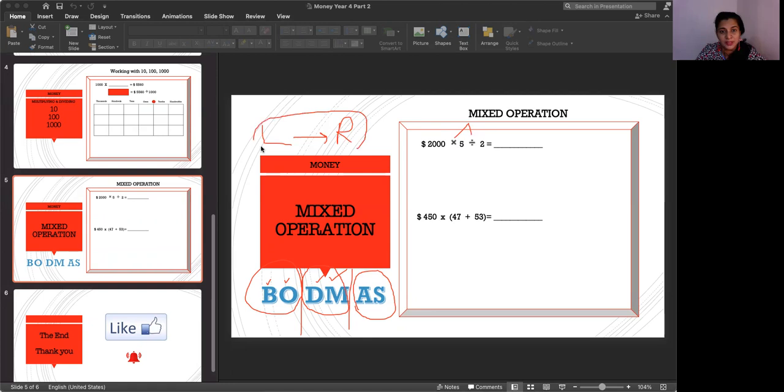Left to right means whatever operation you see on the left, you have to do it first, within that same group. Let's say you have division followed by multiplication, then you do division followed by multiplication. But if you have multiplication followed by division, then follow the rule from left to right, do the multiplication first and only then the division. Okay, so within the same group.